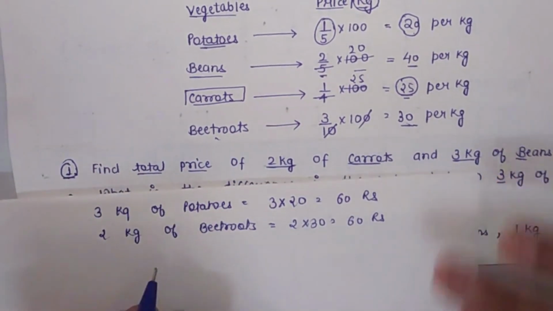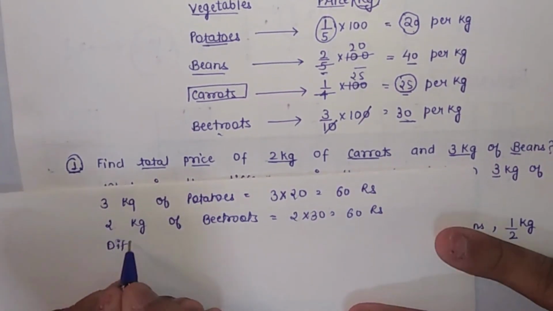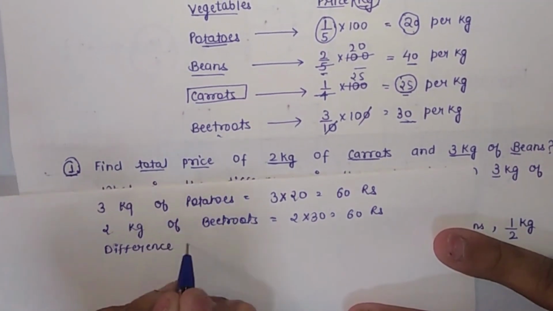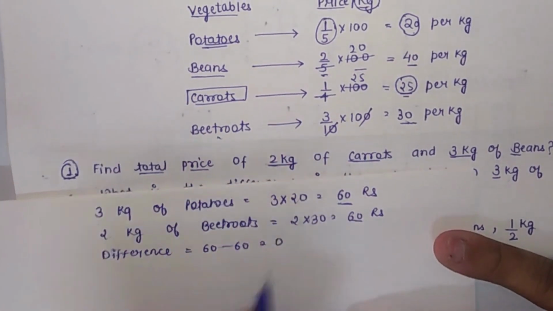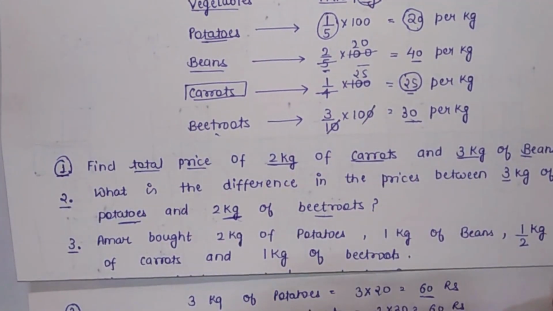The difference will be 60 minus 60, that is 0 rupees. This is the answer for this question.